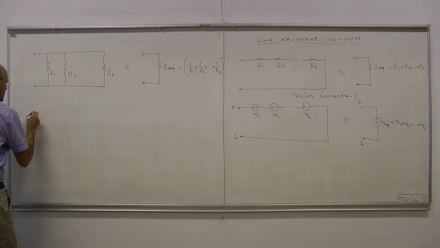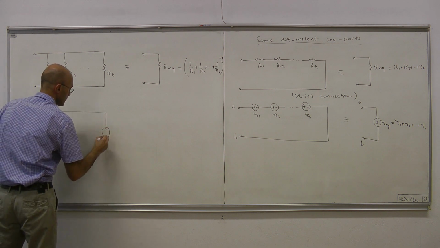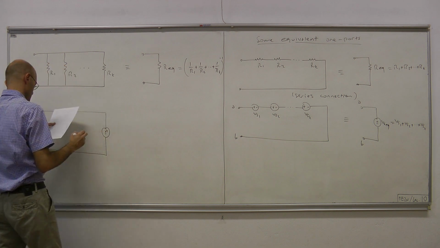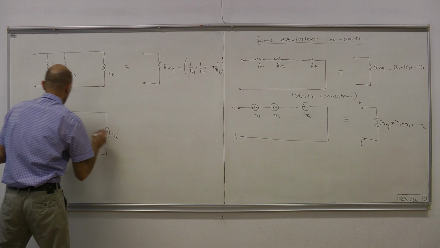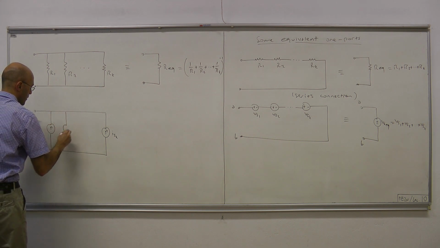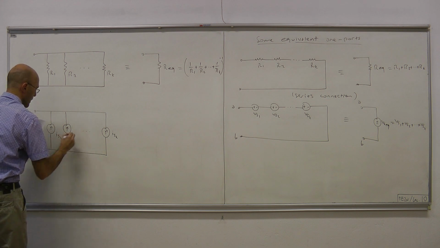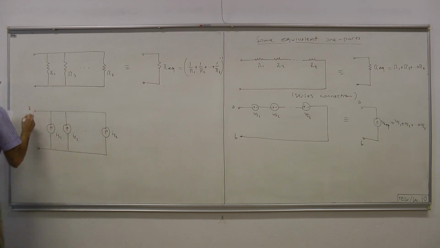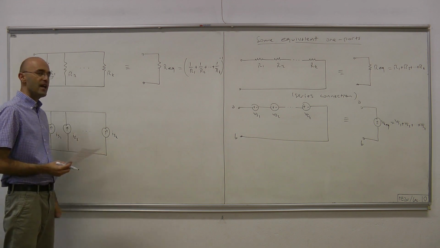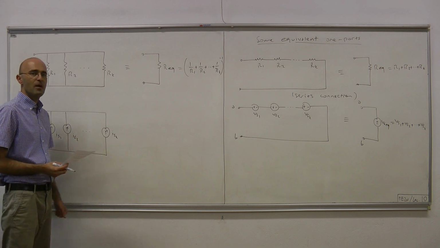You can do the same thing with current sources. This is ISK, IS1, IS2, A, B. This is your one port that has K individual independent current sources connected in parallel.